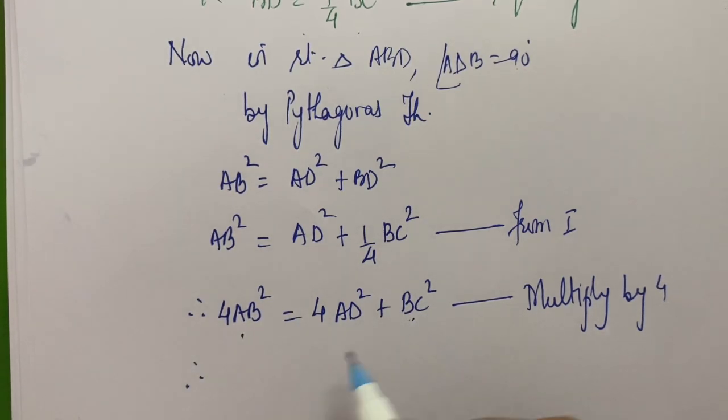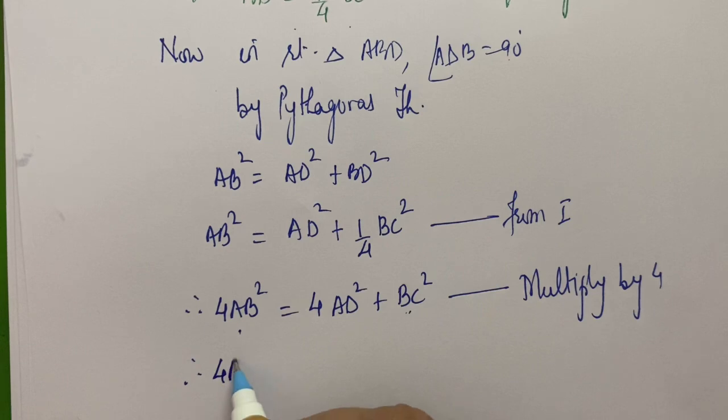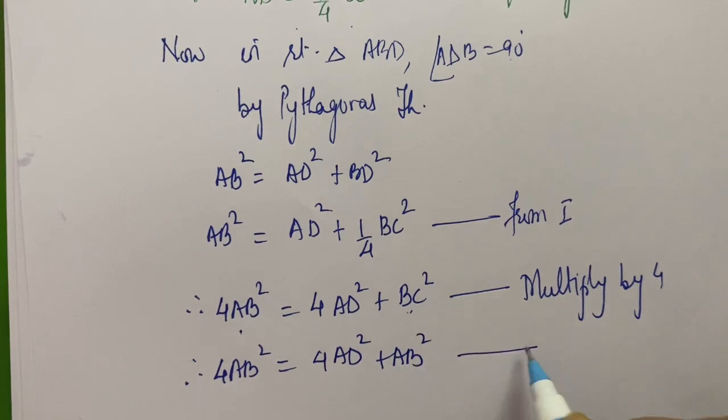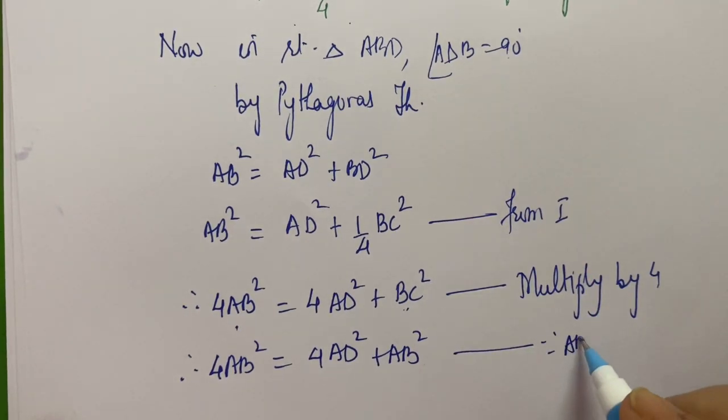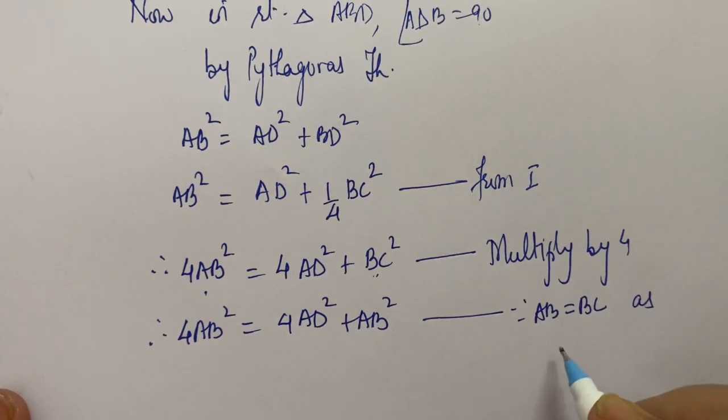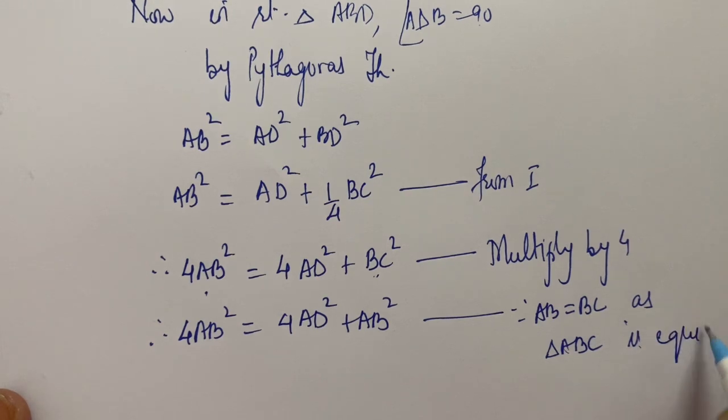Correct? So in place of BC we will put AB. 4 times AB square is 4 times AD square plus AB square, since AB is equal to BC, as triangle ABC is equilateral.